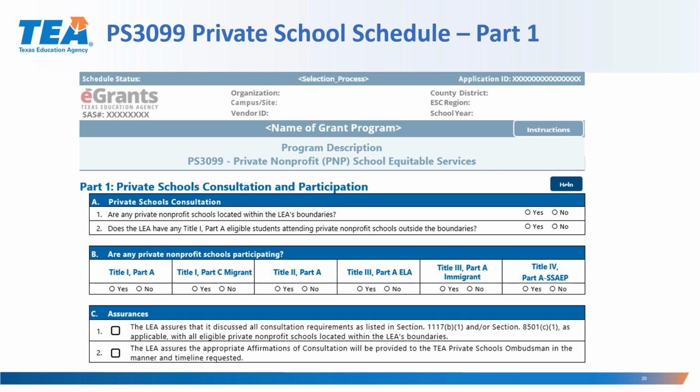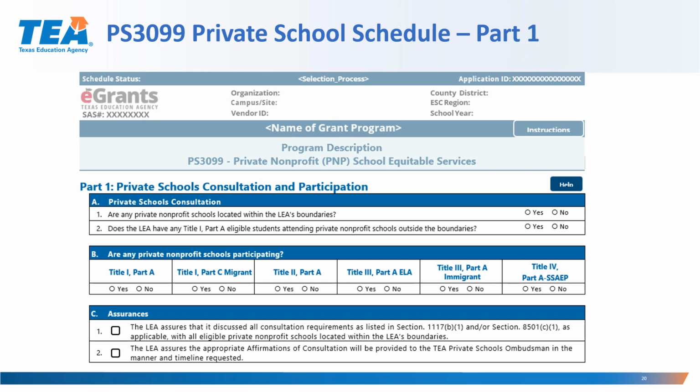This is a snapshot of the PS 3099 Private School Schedule, Part 1. The ESSA statute requires that timely and meaningful consultation occur between the local school district and the private nonprofit school officials.